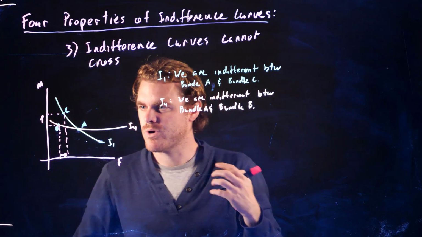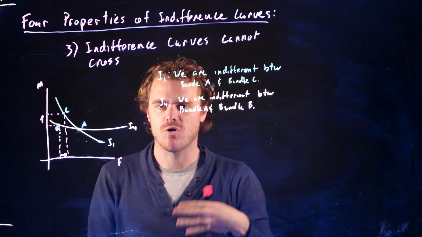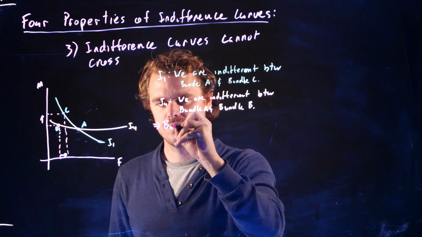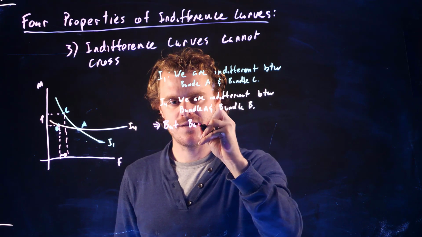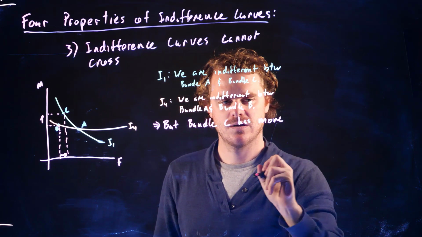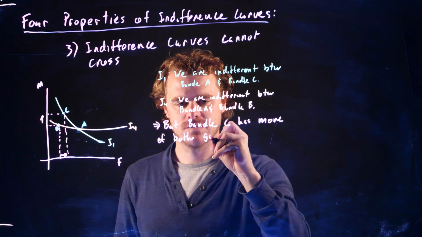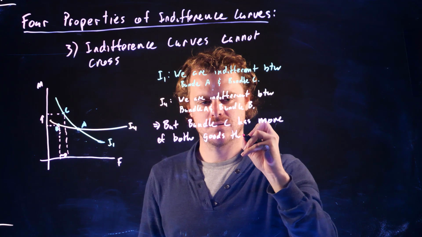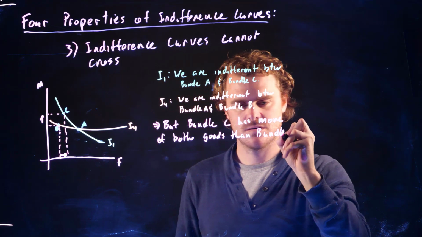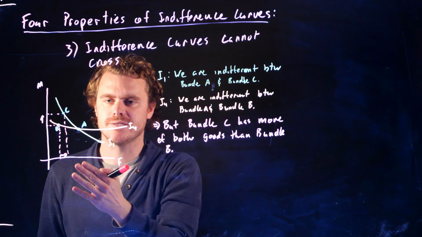Well, it seems pretty crazy that we'd be indifferent towards two bundles where in one of the bundles we got more of both goods. But bundle C has more of both goods than bundle B. So it's creating this logical problem for us. So this is why they can't cross.